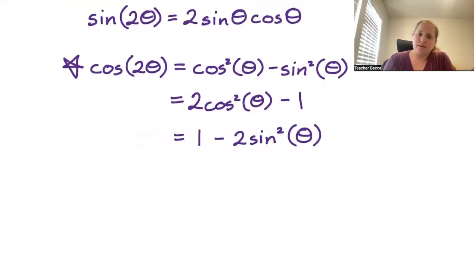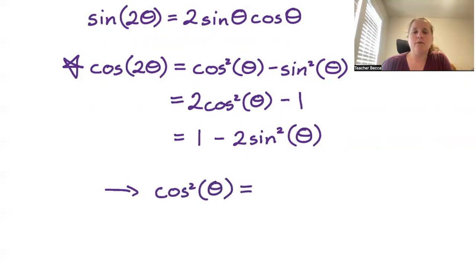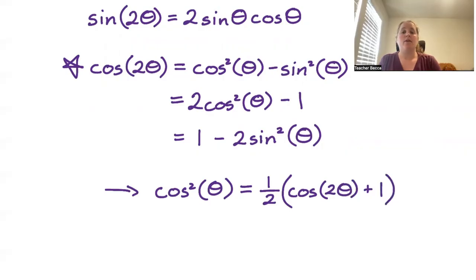So what this means then is we can rearrange this. Cosine squared of theta can be rewritten as 1/2 of cosine of 2 theta plus 1, the 1/2 multiplying the entire cosine of 2 theta plus 1.